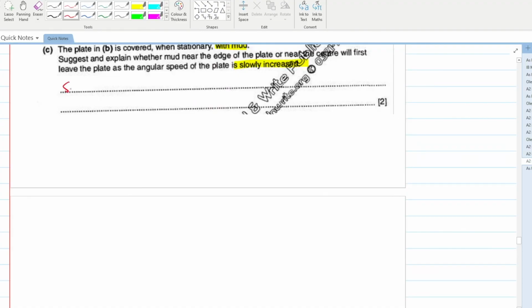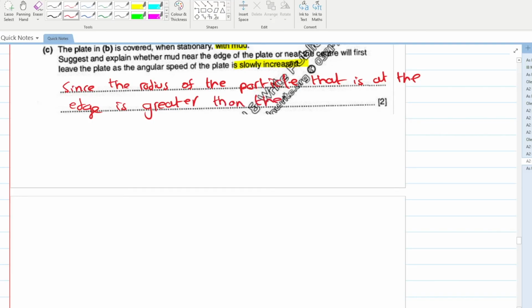So you can write it here. Since the radius of the particle that is at the edge of the plate is greater than the radius of the particle near the center, the centripetal force of the edge particle will be greater than the centripetal force of the particle that is nearer.